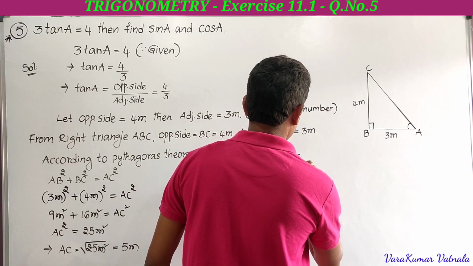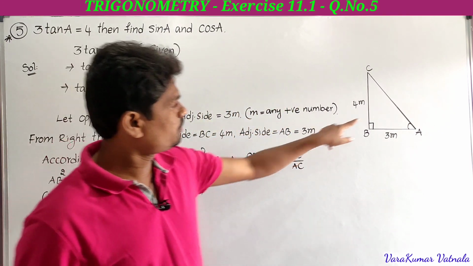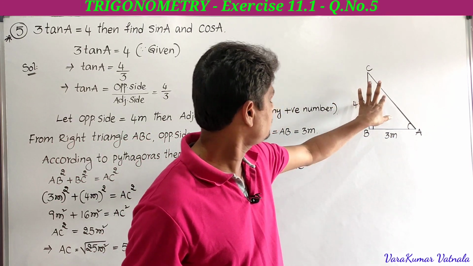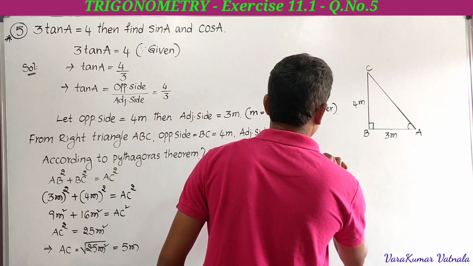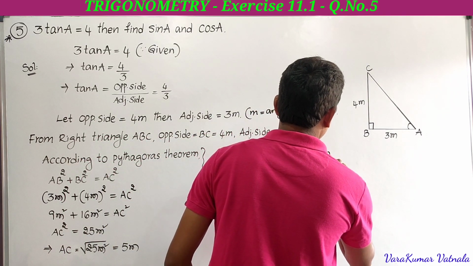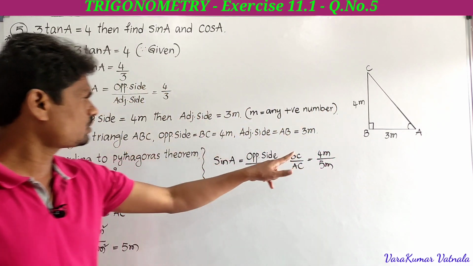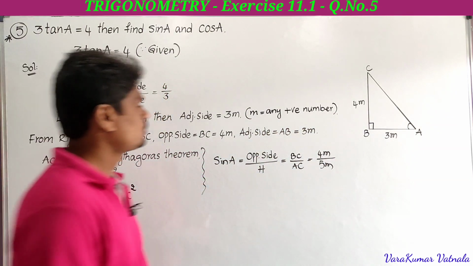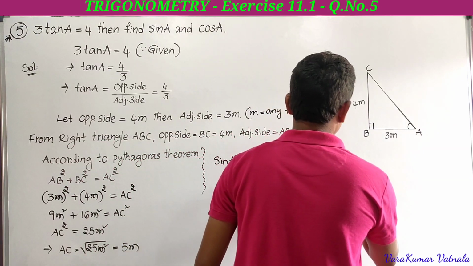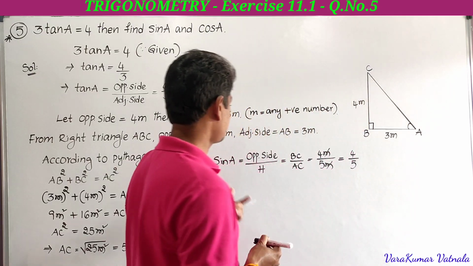BC is the opposite side to angle A and AC is the hypotenuse. BC is equal to 4m and AC is equal to 5m. So m gets cancelled, we get 4 by 5. So this is the sin A value.